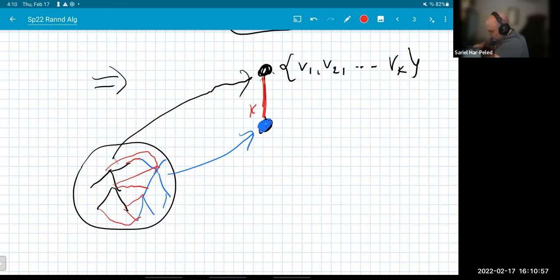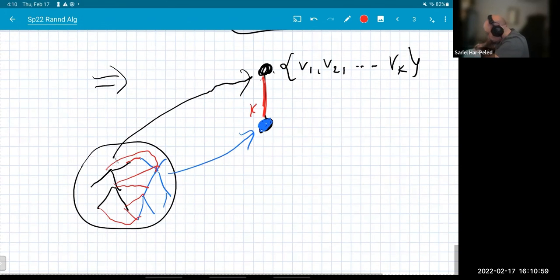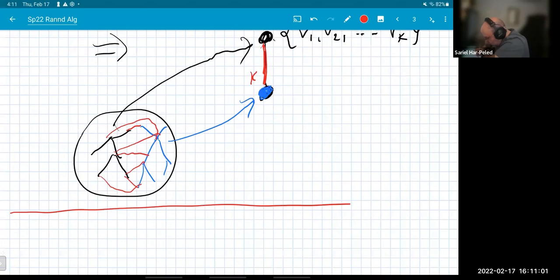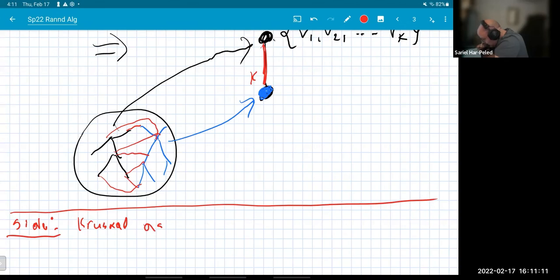We're computing an MST, so this is a side comment: Kruskal is a contraction algorithm. And this will matter later on.